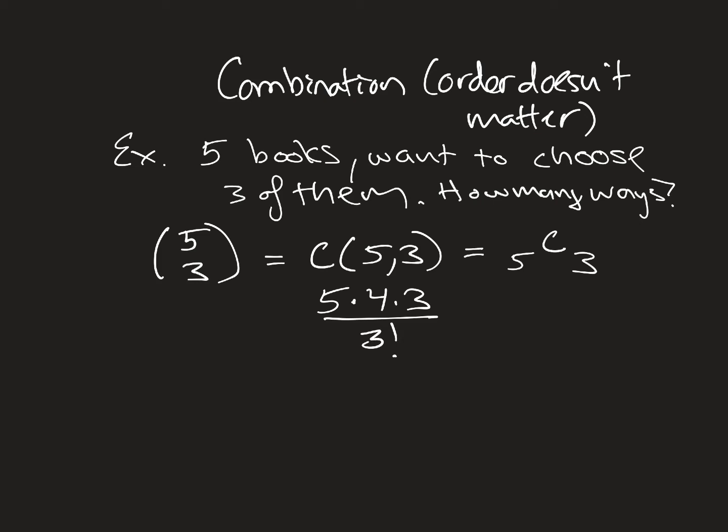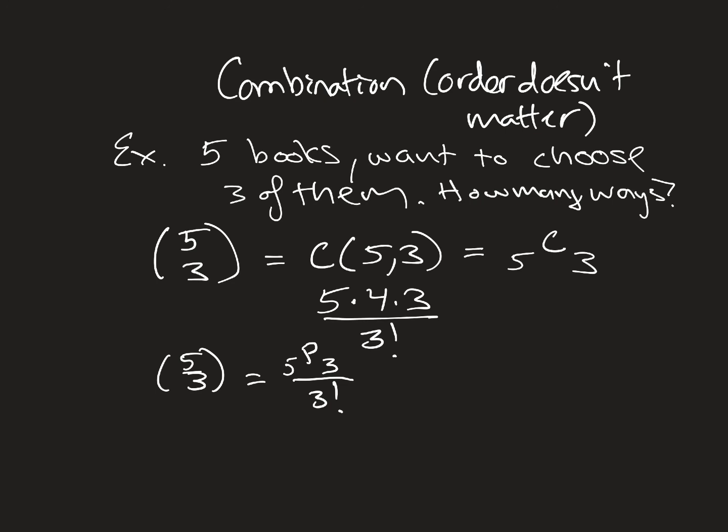It turns out that 5 choose 3 is actually equal to a permutation, the permutation of 5 things taking 3 of them, divided by how many ways I could order those 3 things.